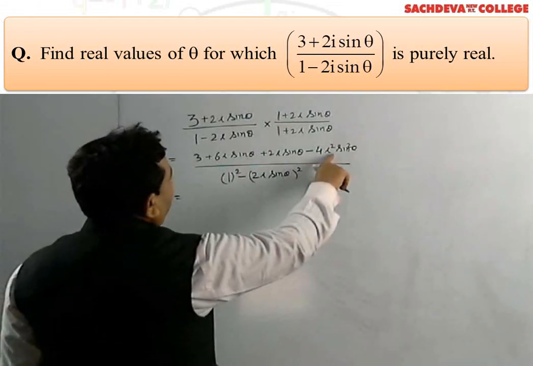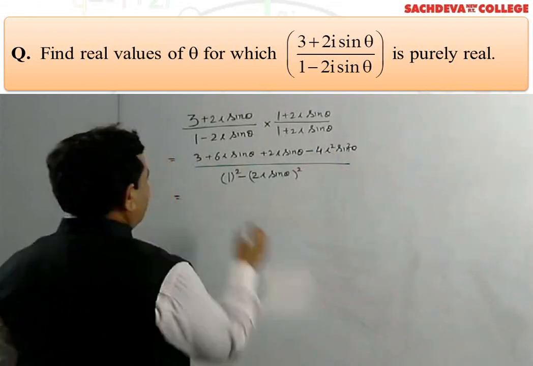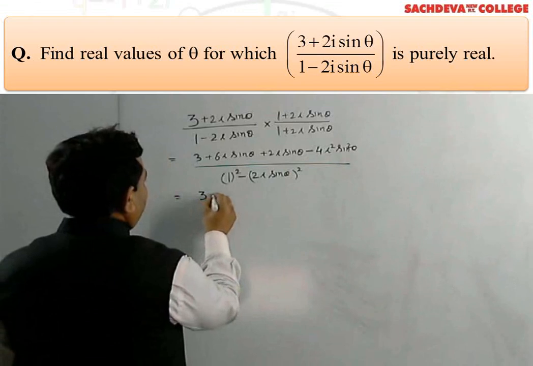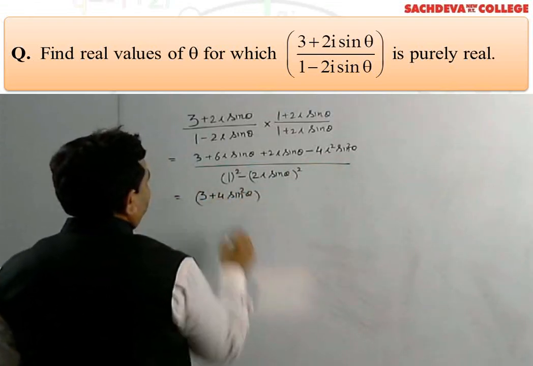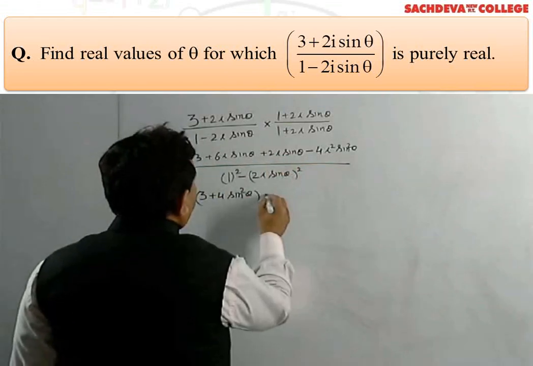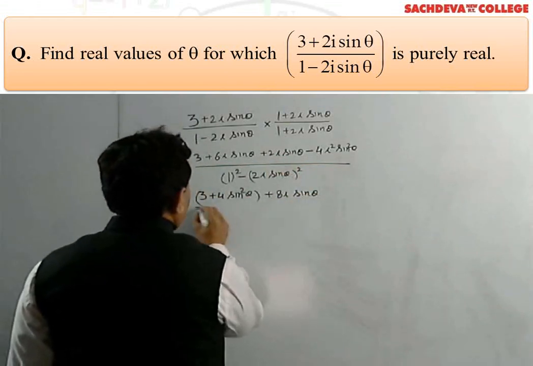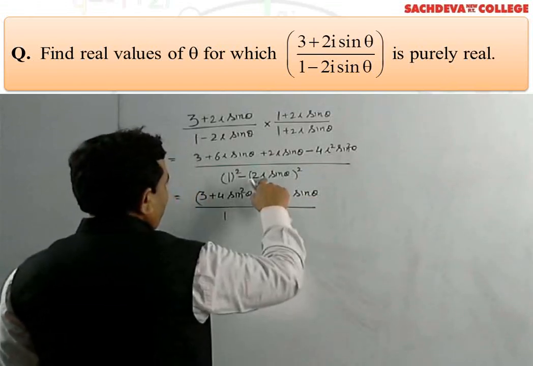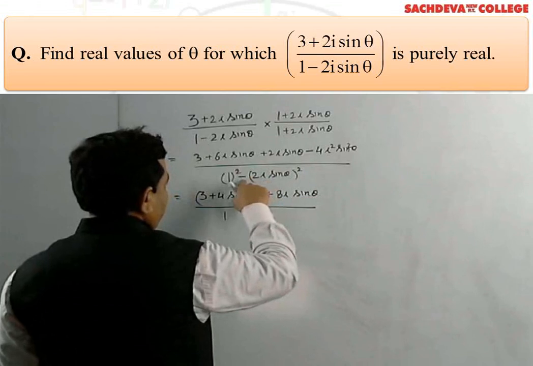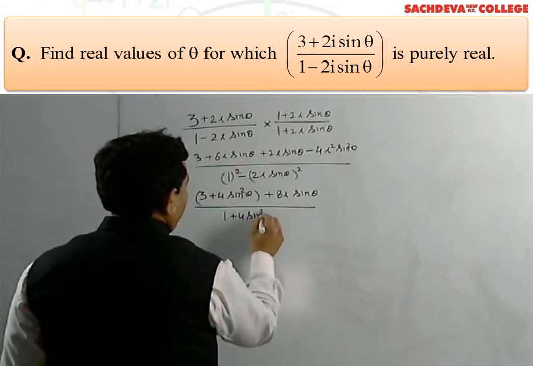Now i square is minus 1, so this will be (3 + 4 sin^2 theta + 8i sin theta) divided by 1 + 4 sin^2 theta.